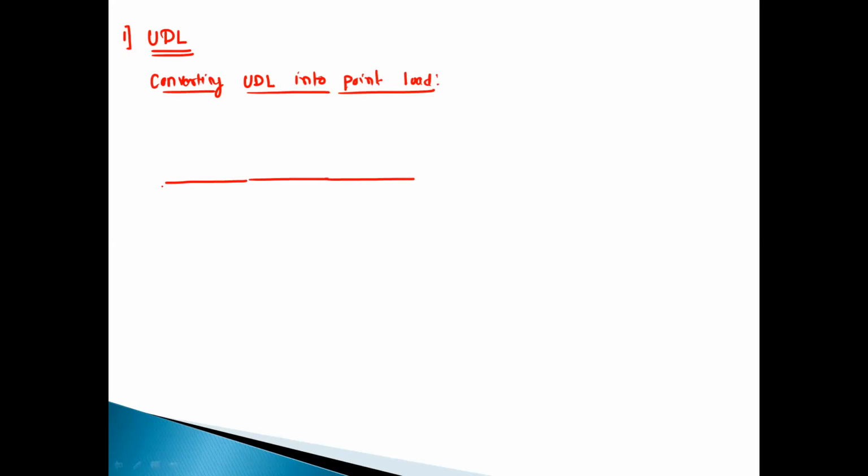So suppose one beam AB carries the UDL, that is a uniformly distributed load, like this. And its intensity for this UDL, so UDL is always represented as an intensity.